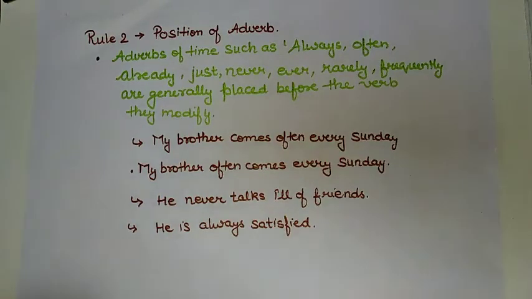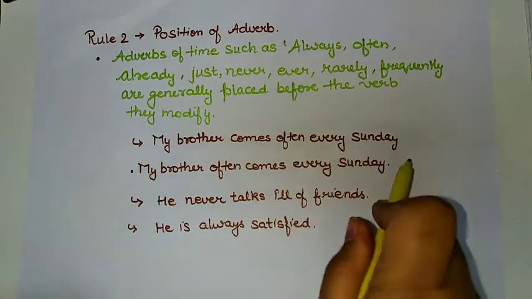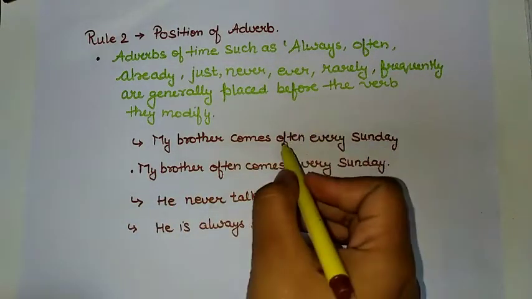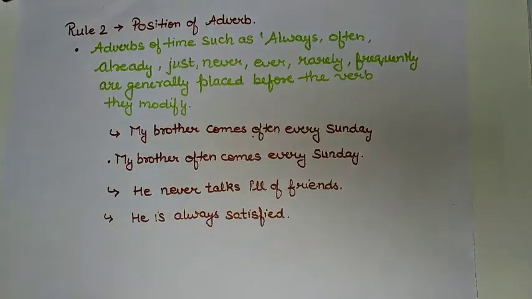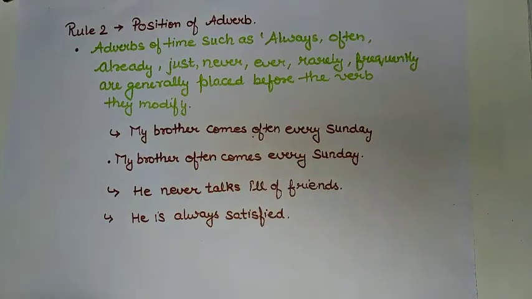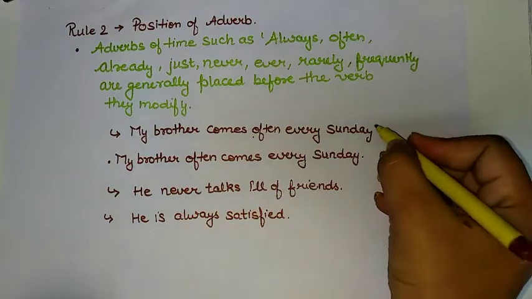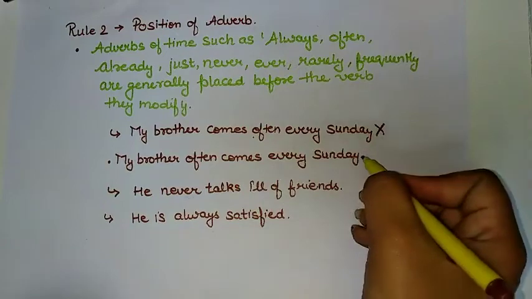Let us try to understand this with an example. My brother comes often every Sunday. Here, often is placed wrong. Often is an adverb of time and it should be placed before the verb comes. So the correct sentence will be my brother often comes every Sunday.